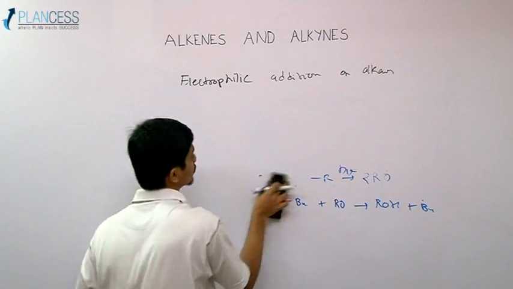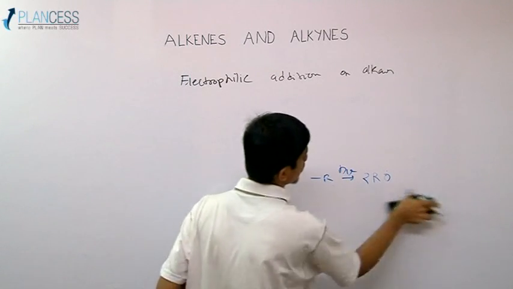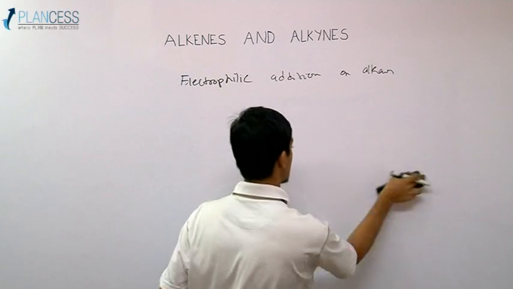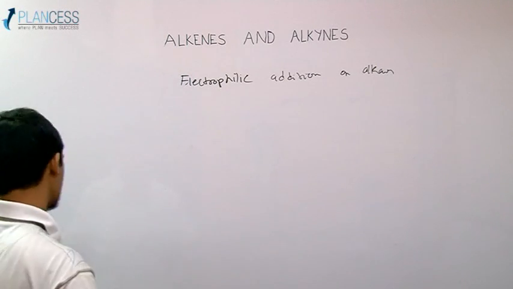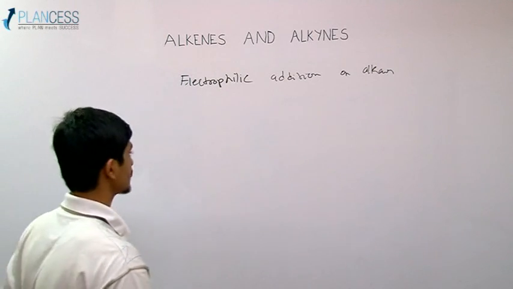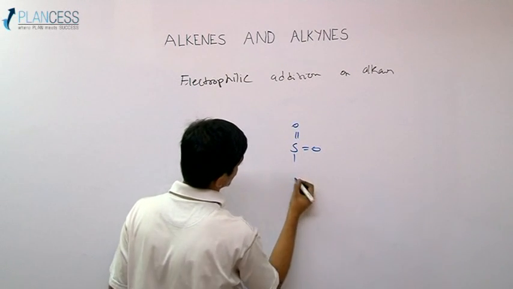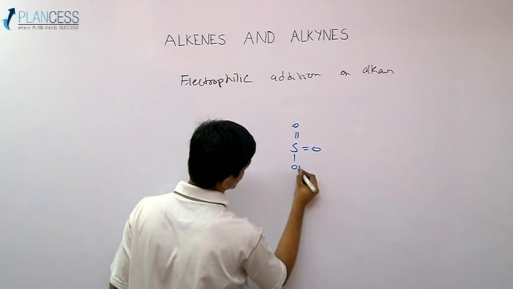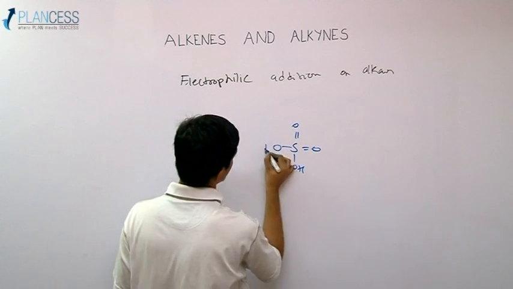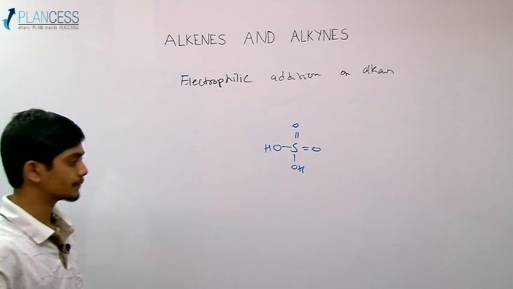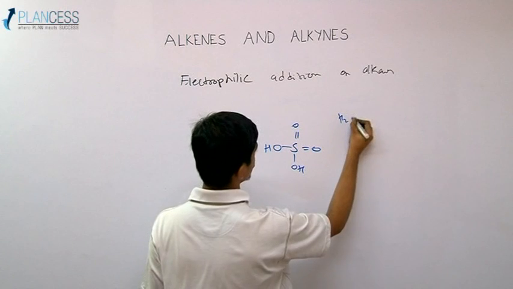Now how can H2SO4 be an electrophile? Because for reaction with an alkene, we need an electrophile. So let us first generate an electrophile from H2SO4. The structure of H2SO4 is OH and OH. Fine. This is H2SO4.